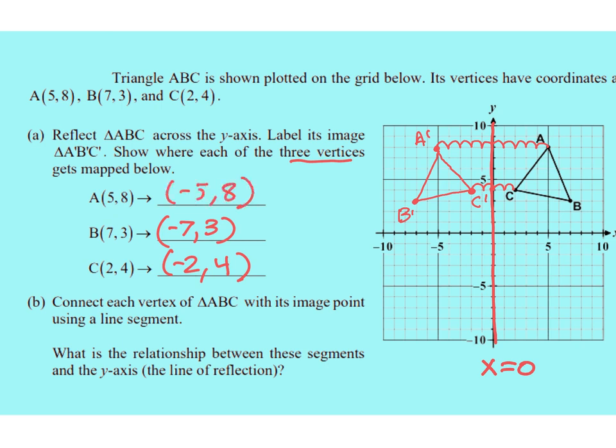So it asks you to connect, which I've done, and it says, what is the relationship between these segments and the y-axis, the line of reflection? That's an interesting question. The thing that I notice is that the only thing that's changed is my 5 turns into negative 5. My 7 turns into negative 7. My 2 turns into negative 2.